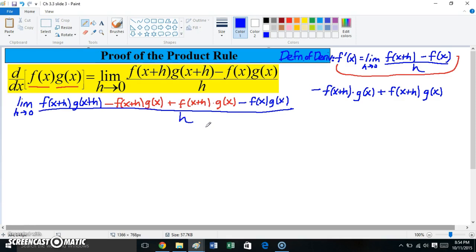We're going to do a little factoring of these terms in the numerator. So I'm going to just highlight the terms. The first two terms we're going to factor, and the second two terms we're going to factor. So we're going to have the limit as h approaches 0. Factoring the first two terms, we'll pull out an f of x plus h.